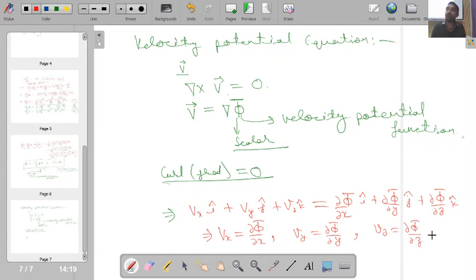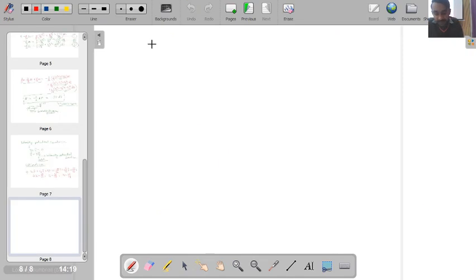Now we will try to utilize this information to write down a single equation out of continuity, momentum and energy, and that equation we call the velocity potential equation. Our continuity equation for steady flow is the divergence of rho v vector equal to 0.